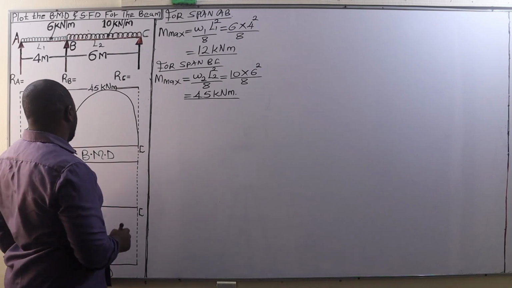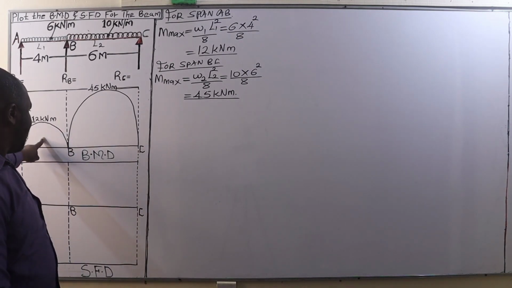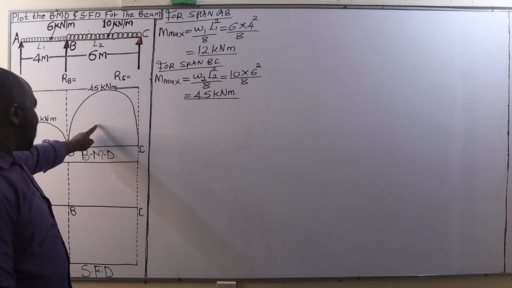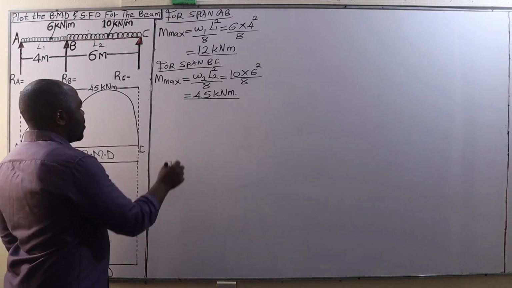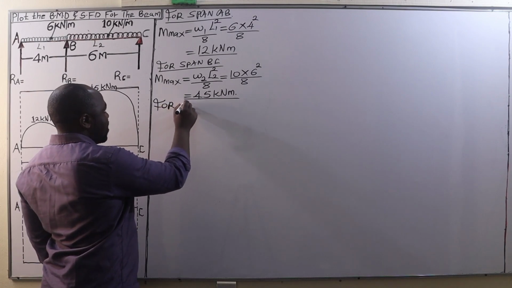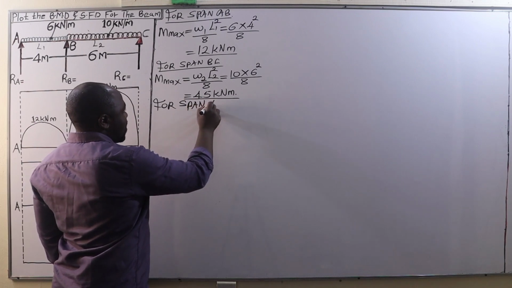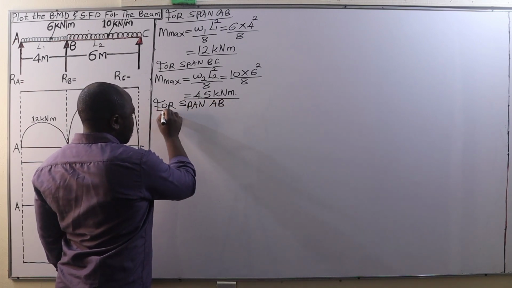From there, we are going to determine the area of this bending moment diagram in span AB as well as that on span BC. So we go again to span AB.